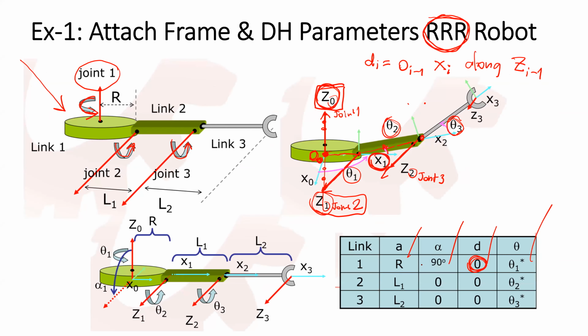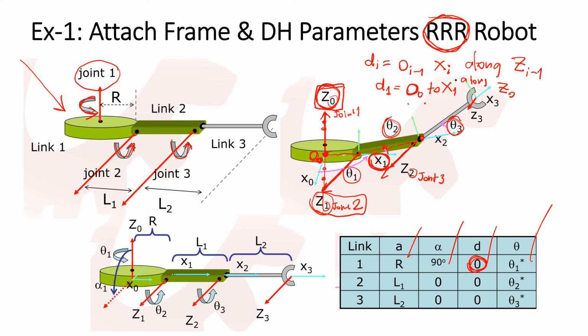Which means the joint offset 1 is the distance from the origin 0 to the x-axis 1 along the Z0.